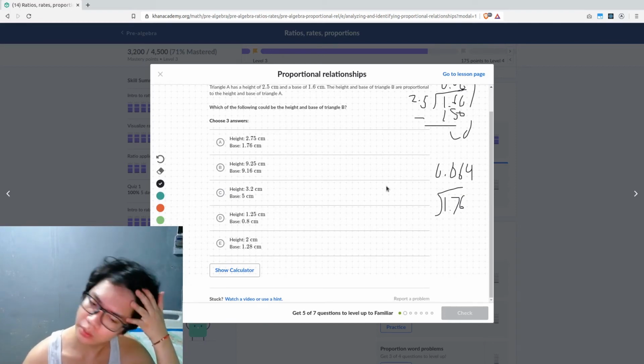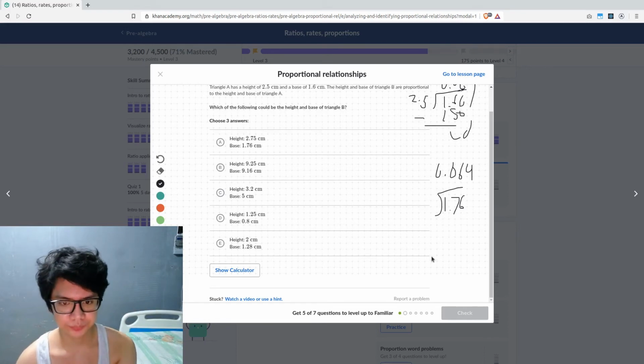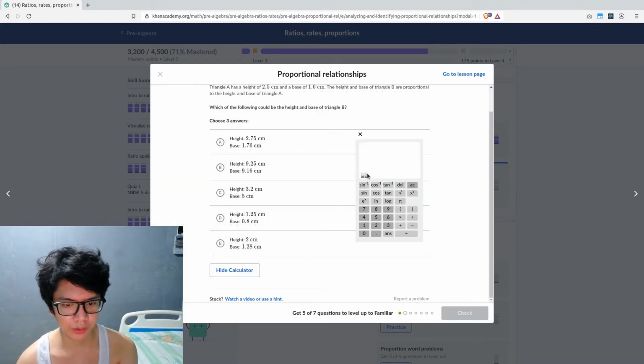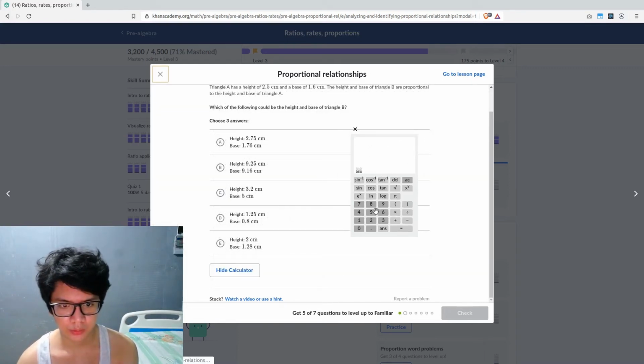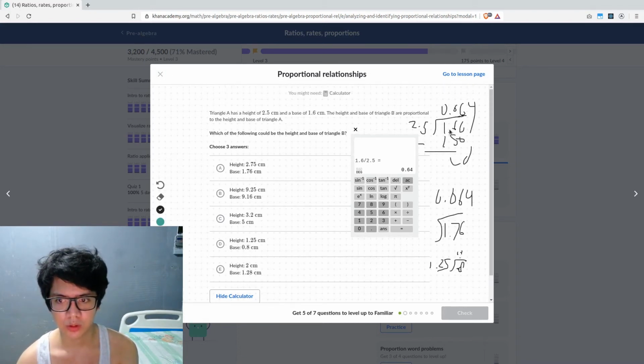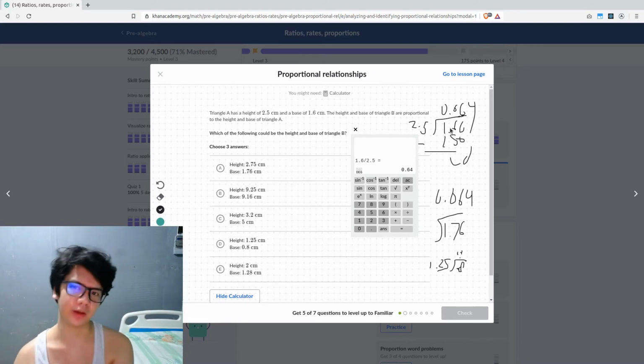Okay. Oh, we have a calculator. 1.6 divided by 0.64. Why did I get 0.064? Oh, I didn't account for that. Yeah, I didn't account for it.